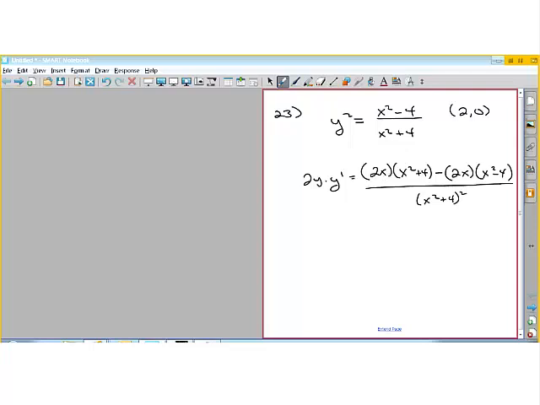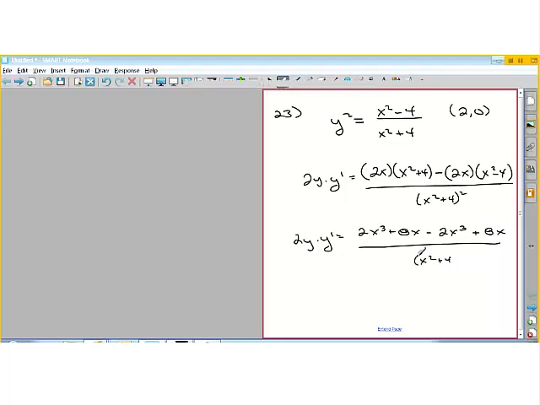So let's just clean up a little bit in the numerator. So we get 2x cubed plus 8x, minus 2x cubed plus 8x, all divided by x squared plus 4 squared.